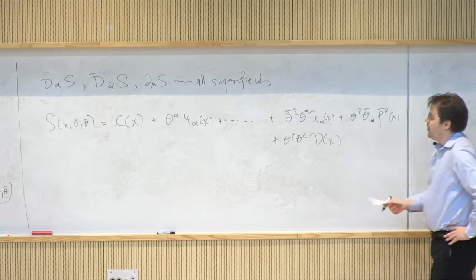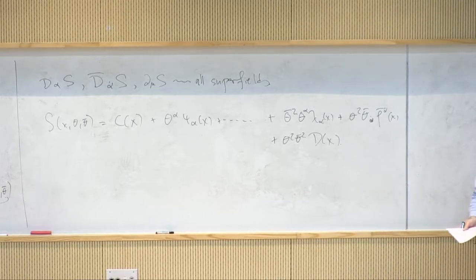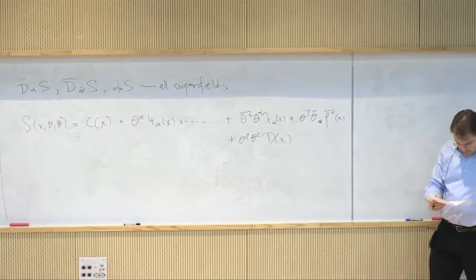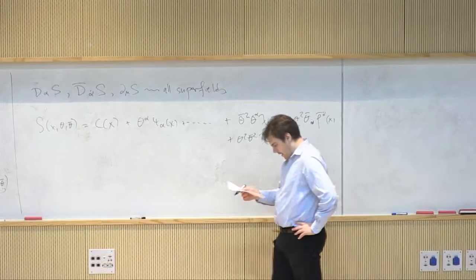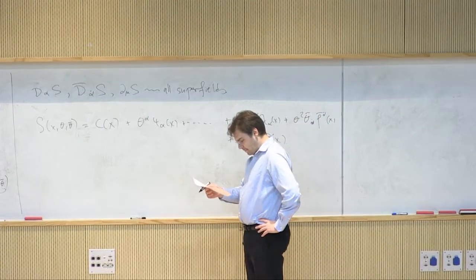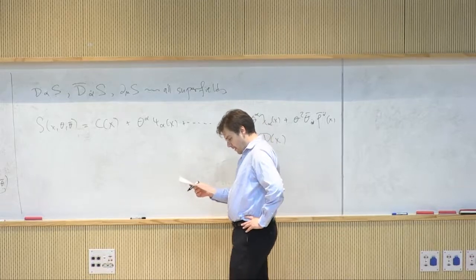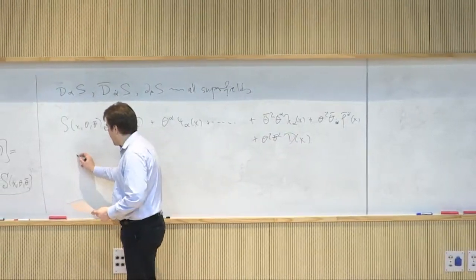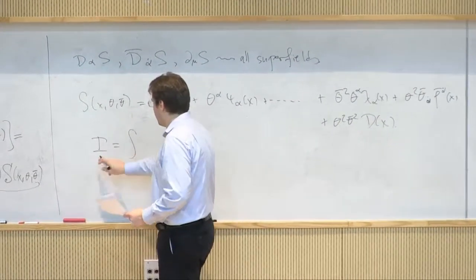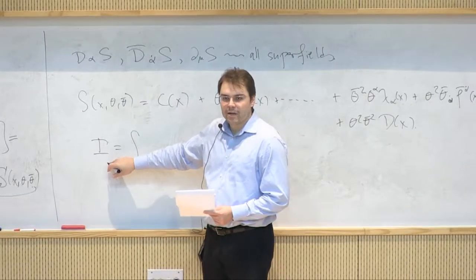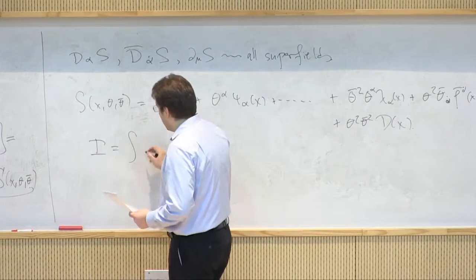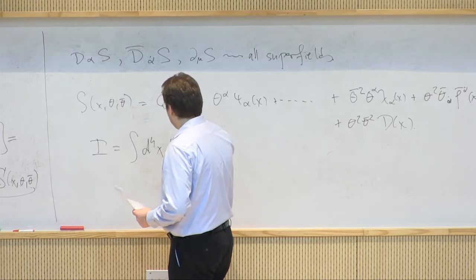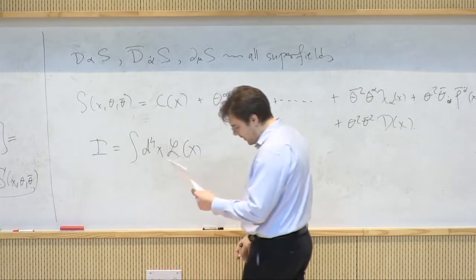And the reason that we're doing all of this is because we would like to construct supersymmetric Lagrangians. So we would like to write some action. I'll write the action as I rather than S because I'm already using S for superfields. We'd like to write some action as the integral over spacetime of some Lagrangian density L of x.